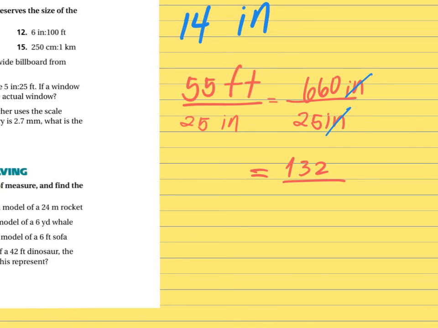And 25 divided by 5 is obviously 5. In this case, this is the scale factor that was used to enlarge the model. Now, we cannot lower it anymore because this number is not divisible by 5, and 5 is a prime number.